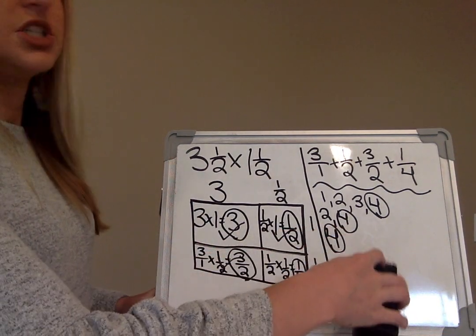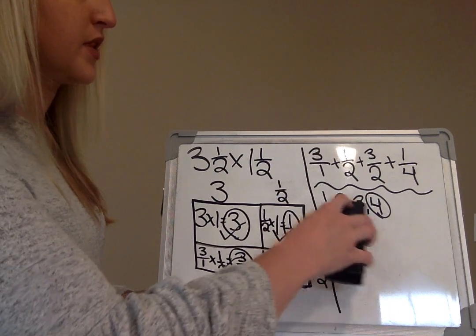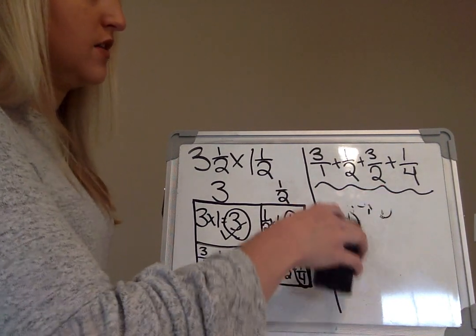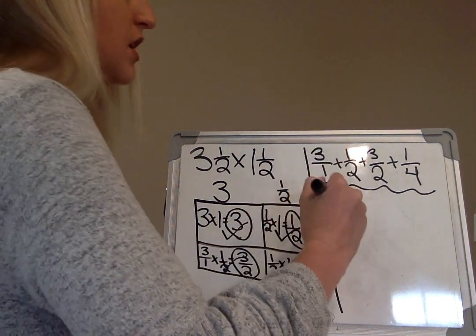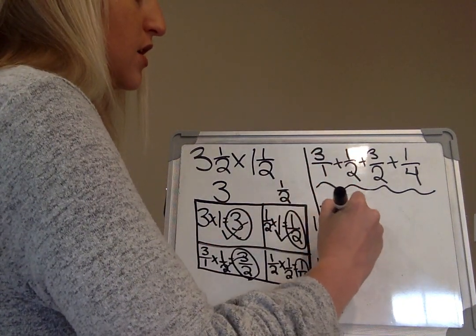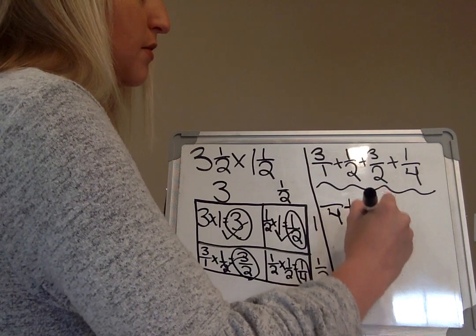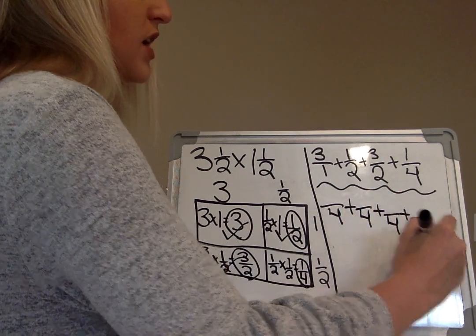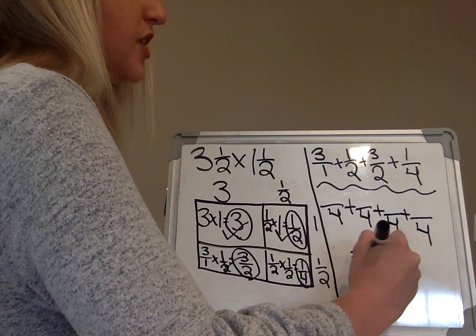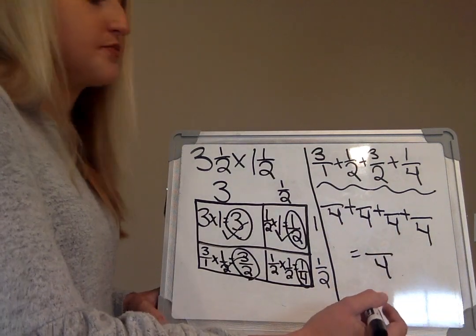I'm going to erase this just so we have a little more room. We're going to make all of these fractions equal to a denominator of 4. So something over 4 plus something over 4 plus something over 4 plus something over 4 is going to equal something over 4.